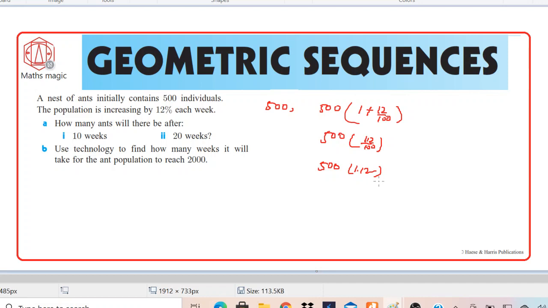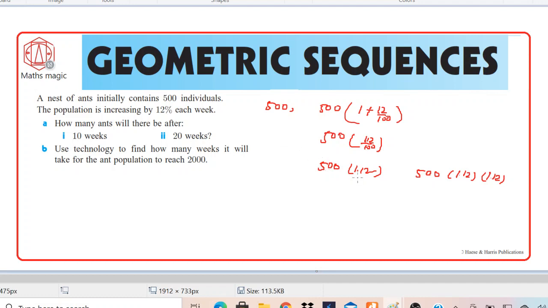Now next week again the population will increase from 500 times 1.12 to 500 times 1.12 times 1.12 again, because it's increasing next week again by 12%. So every time you have to multiply by 1.12 for the next week. You can see that it's a constant multiplication.